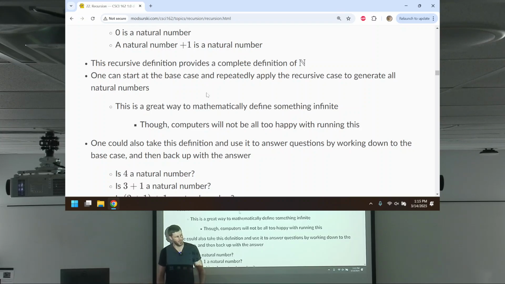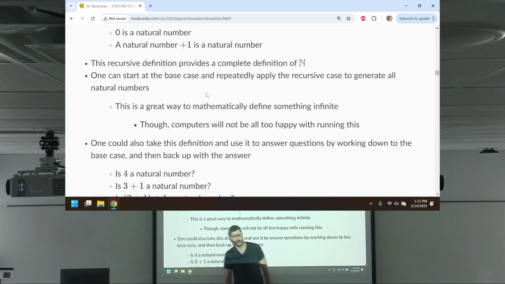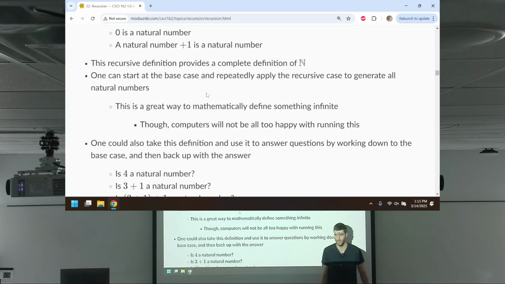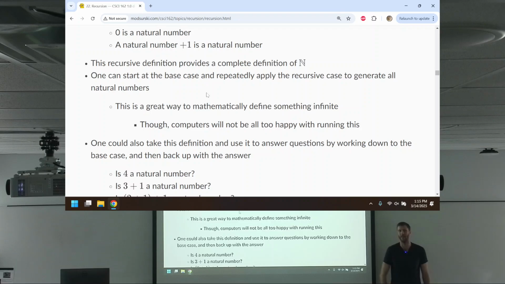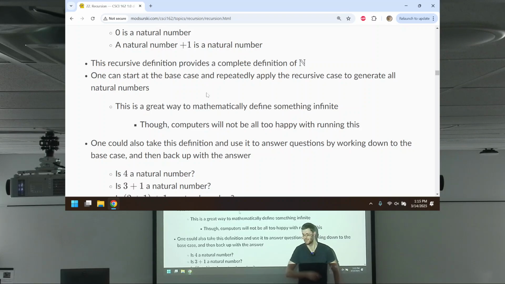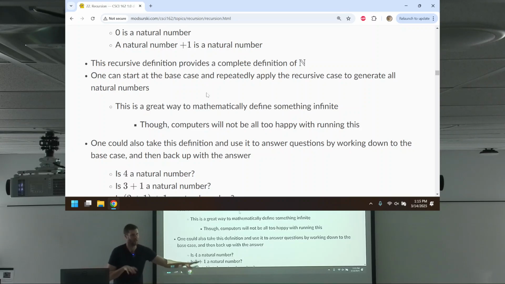In order to know what 4 is, we need to know if 3 is, 2 is, 1 is, 0 is. It is. Now we go back up to answer. So we can start at the base case and go up, or work our way down towards the base case. There's a directionality here. Ultimately, it's the same thing, but you can think of it depending on how you're approaching these problems.